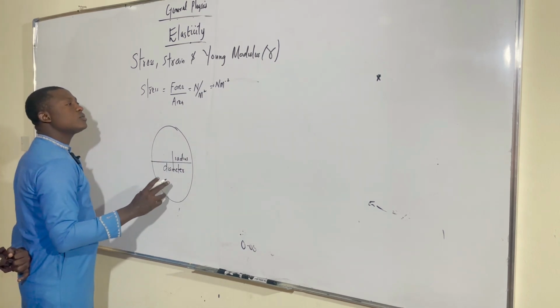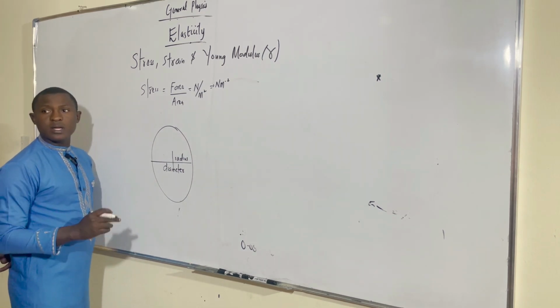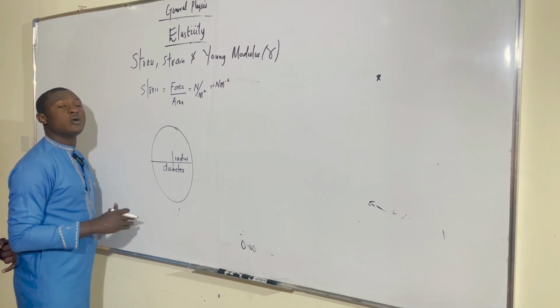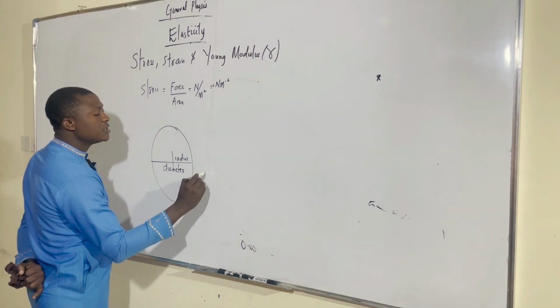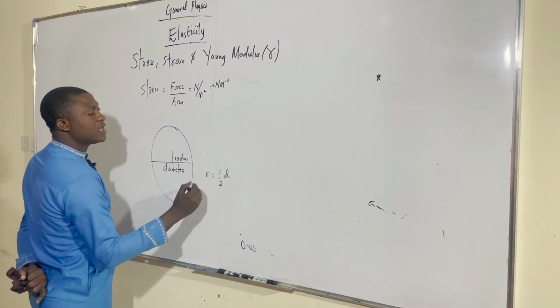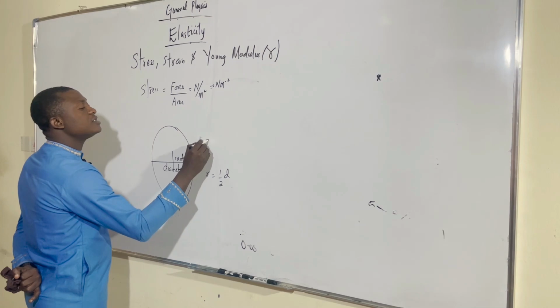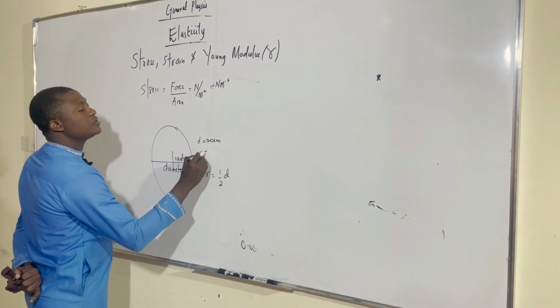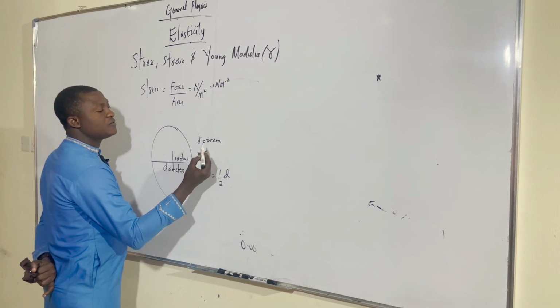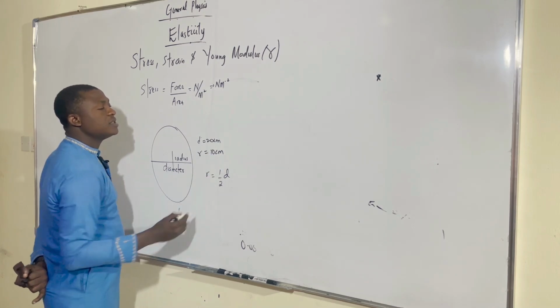So if you are given the diameter, I can say radius is half of a diameter. For example, if the diameter is 20 centimeter, to get the radius I just find half of 20, which is 10 centimeter.